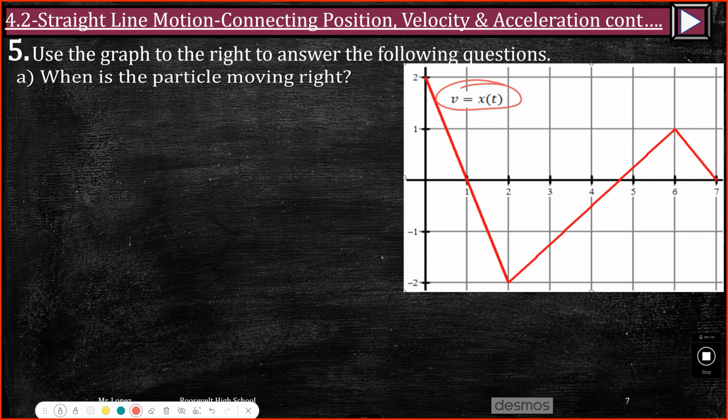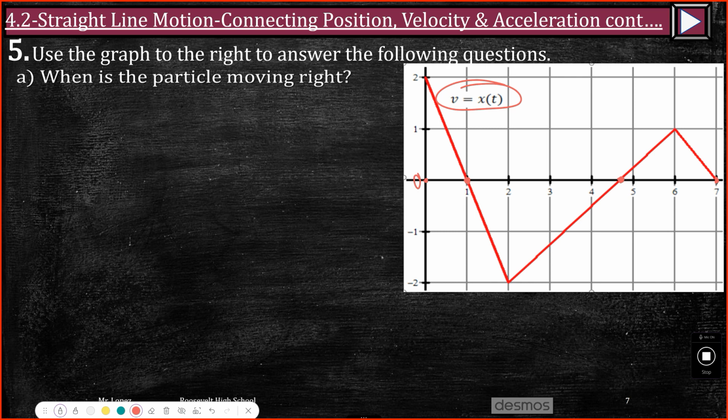From 0 to what? To 1. It had high velocity, then it went down to 0 velocity, and then negative velocity here, then it went to positive velocity.